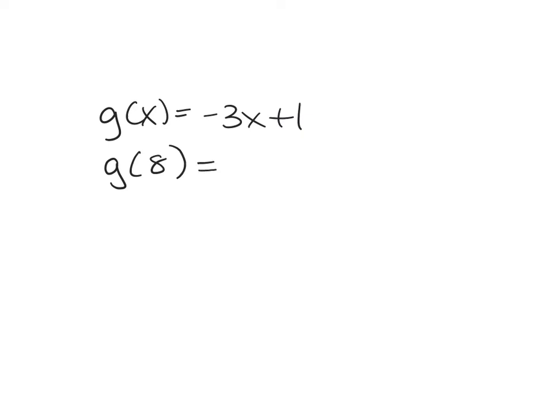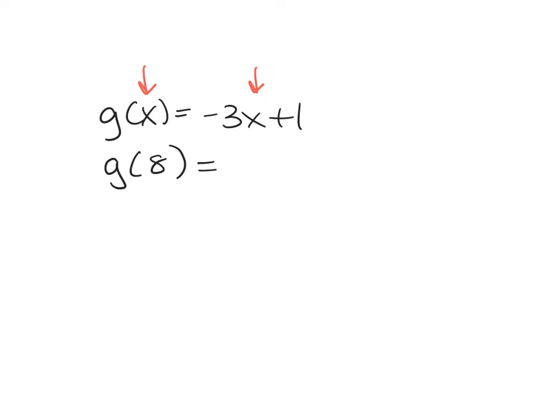Okay. So for example, if I gave you a function, if I said g of x equals negative 3x plus 1, and I want you to find g of 8. This just means that you are going to replace the x with 8. Both of the x's get replaced with 8.